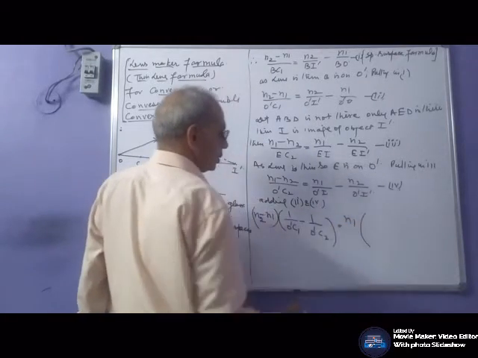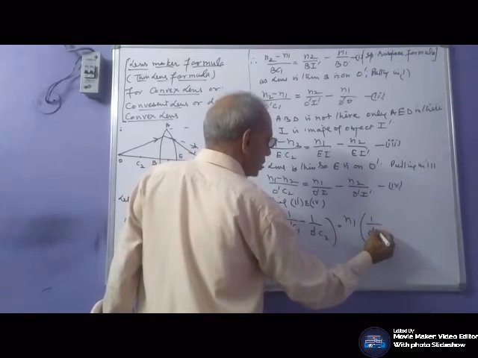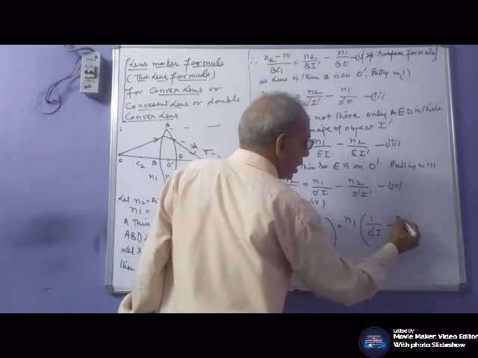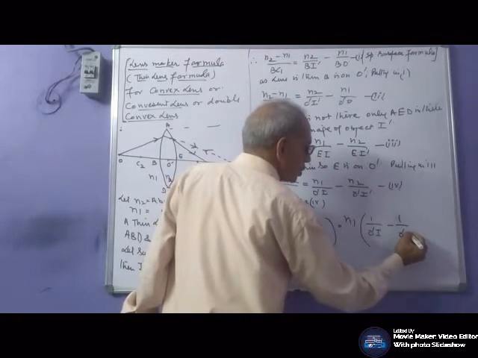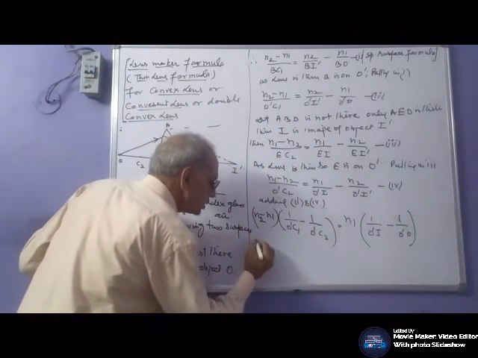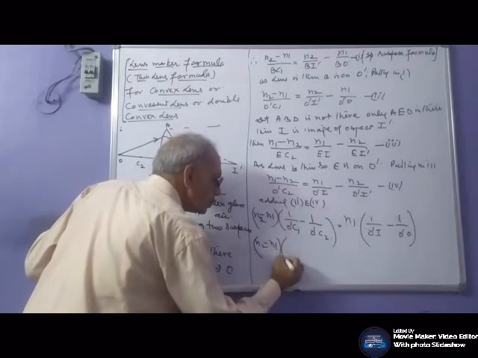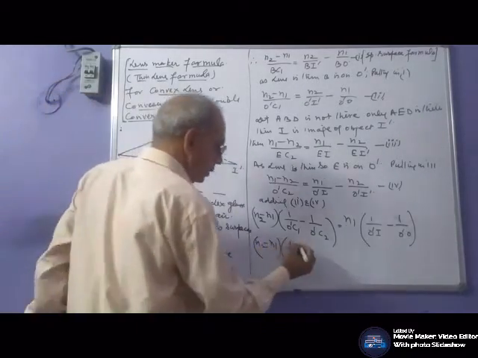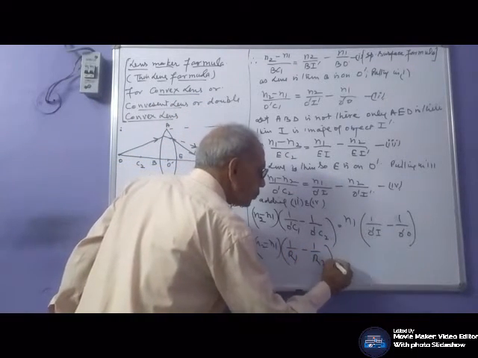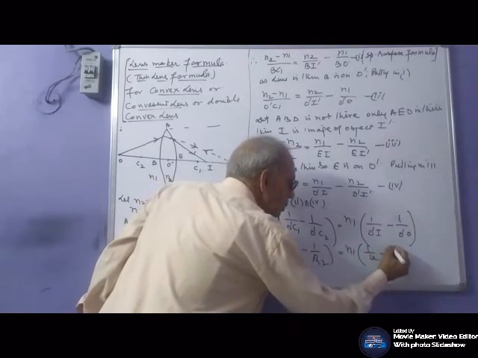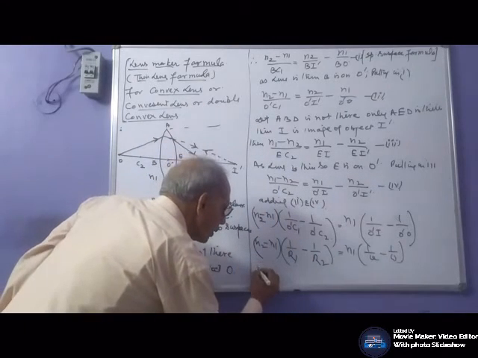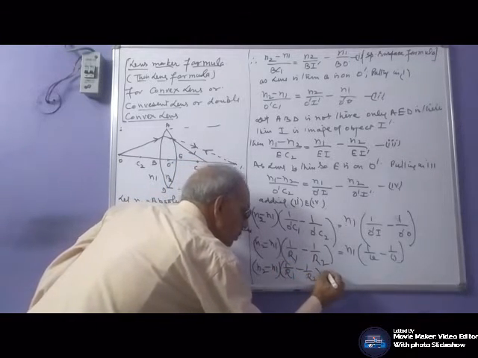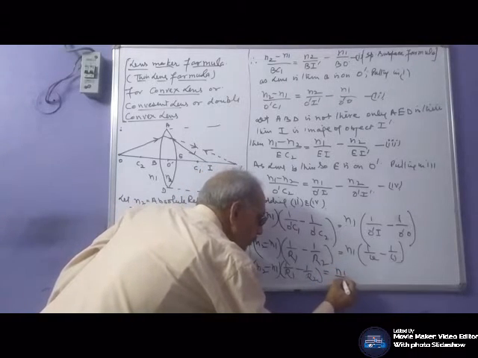N1 is common: 1 by O dash I minus 1 by O dash O. This is N2 minus N1 times 1 by R1 minus 1 by R2, equals N1 times 1 by V minus 1 by U. So N2 minus N1 times 1 by R1 minus 1 by R2 gives 1 by f.